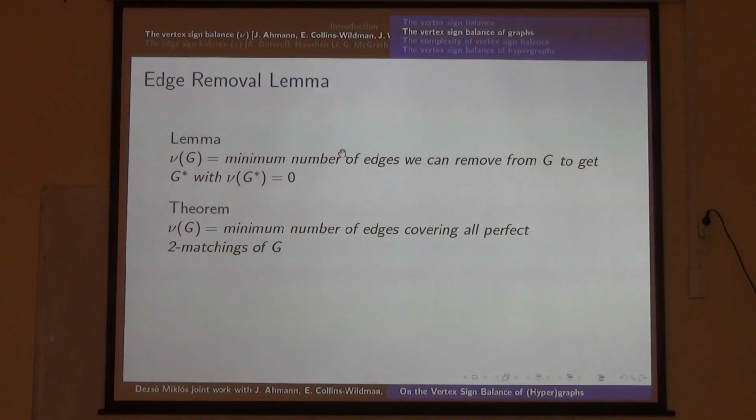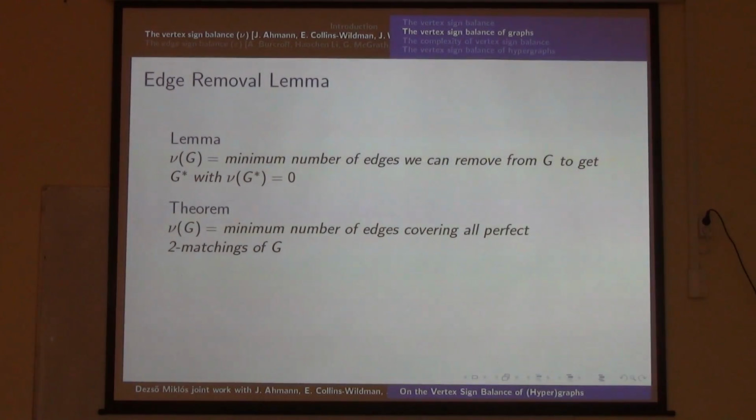This lemma is quite trivial, and the previous theorem and this lemma together imply that the vertex sign balance is equal to the minimum number of edges covering all perfect 2-matchings of the graph.